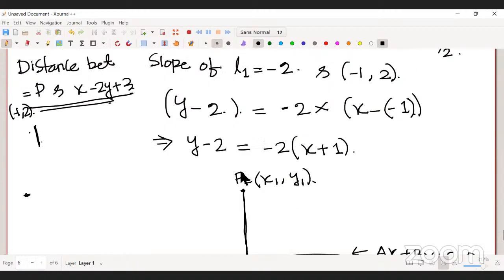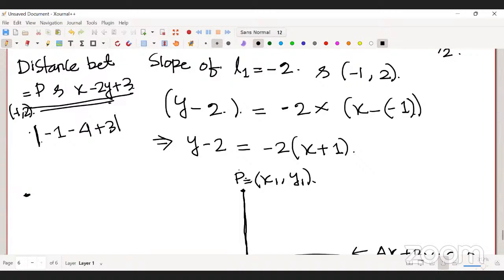So what should I get if I apply that formula? Minus 1, minus 4. Right, because 2 times minus 2 is minus 4, plus 3.